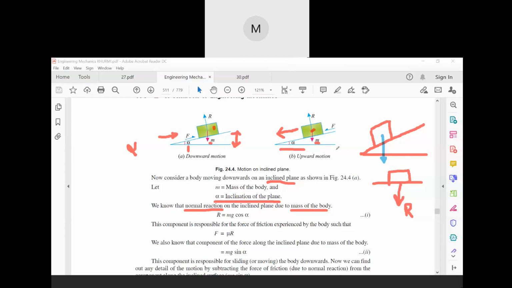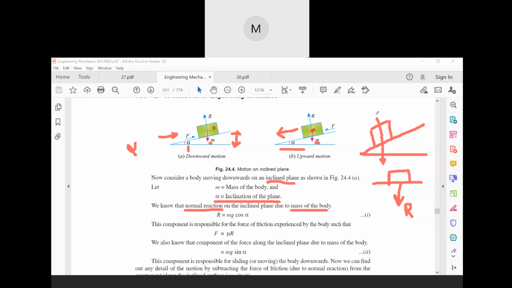Now just now we discussed the acceleration due to gravity, which acts vertically downwards. Now if you see from this figure, this is mg, and there is a normal reaction.